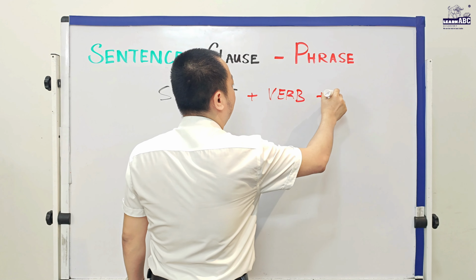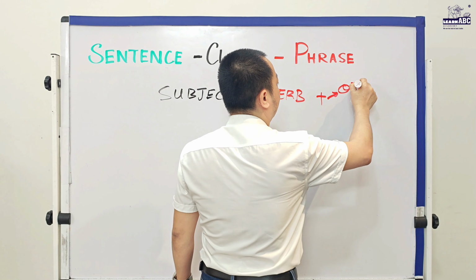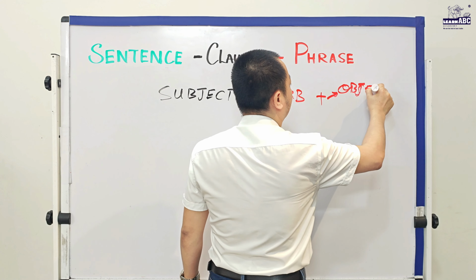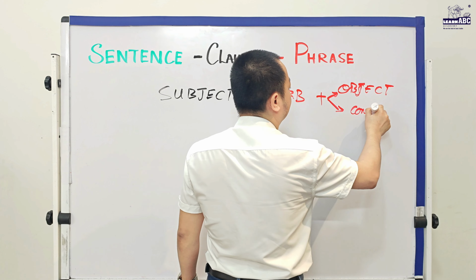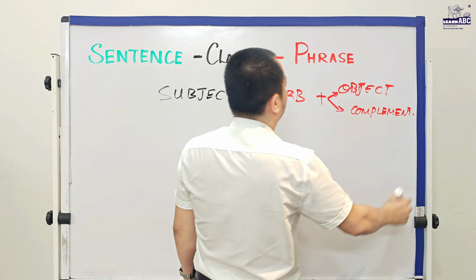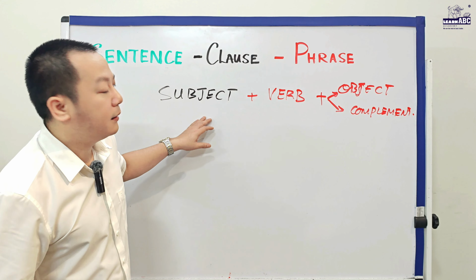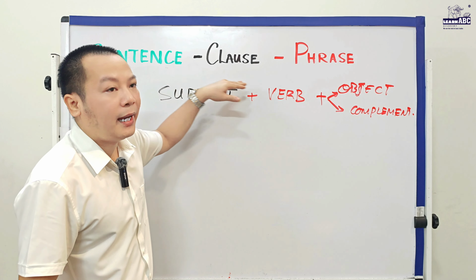And here, maybe you have an object, or maybe you have a complement here. So the two components you must have in a sentence are a subject and a verb.